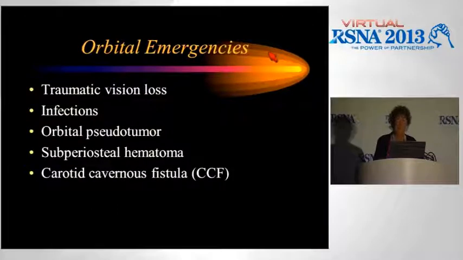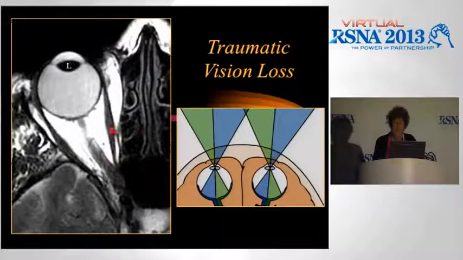So if we talk about orbital emergencies, we have traumatic visual loss, infections, pseudotumor, subperiosteal hematomas, and CC fistulas. First, you have to understand how we see, where the visual pathways are.